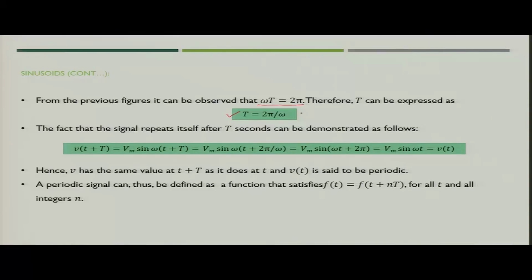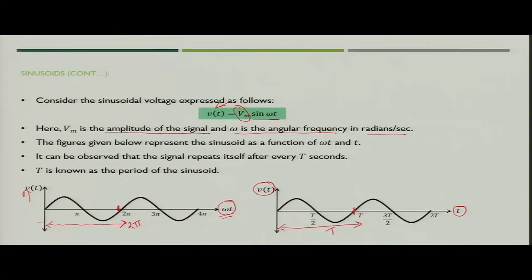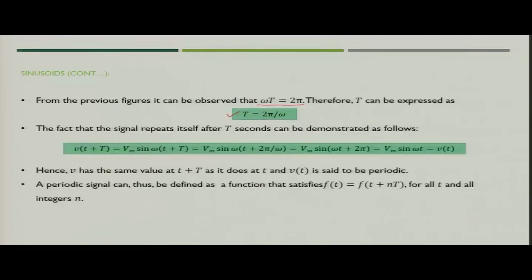So, the signal is repeating itself after time capital T. How will you say that it is repeating after every time period capital T? Let us try to find out.